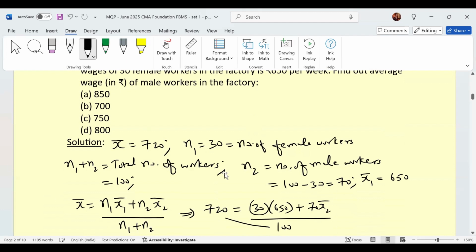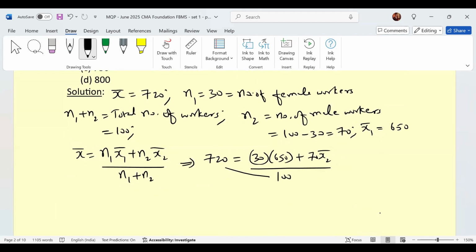Cross multiplying, we get 72,000 is equal to 30 into 650 gives you 19,500 plus 70 times X2 bar, which means this X2 bar will be 72,000 minus 19,500 is equal to 70 times X2 bar.